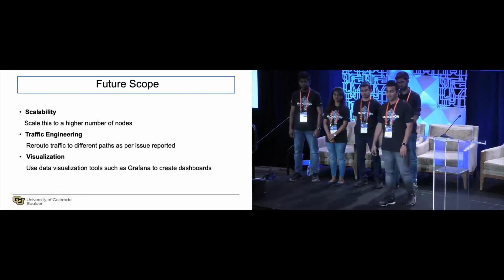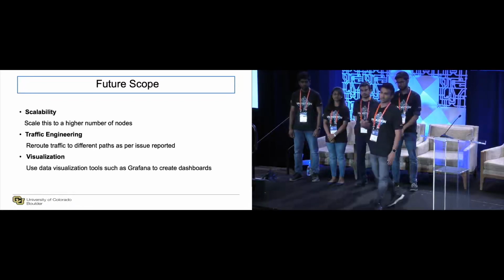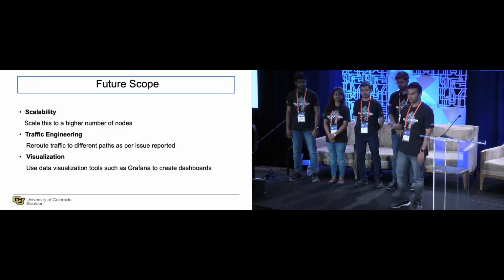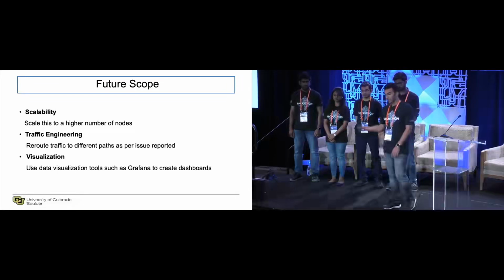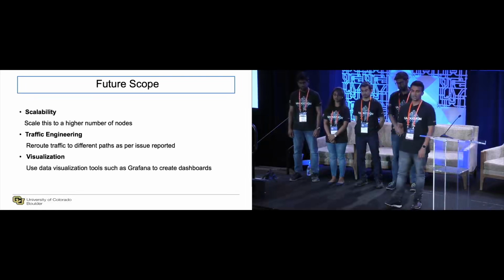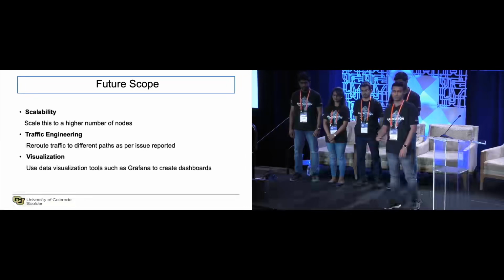Also, we can take the failures and reroute the traffic to different paths, because we already have different paths from point A to point B. Also, we can visualize the error message using a graphical tool and create a dashboard regarding that. For that, we were thinking to use Grafana.